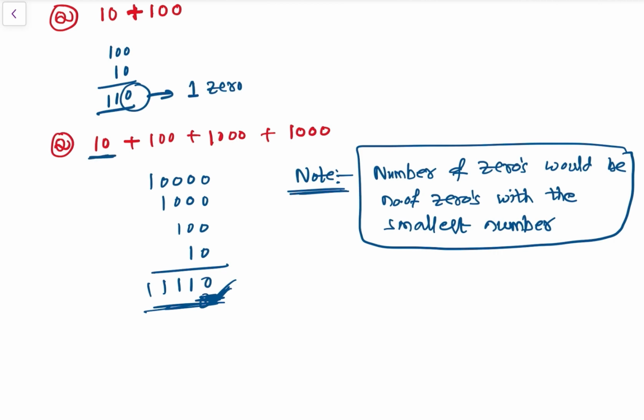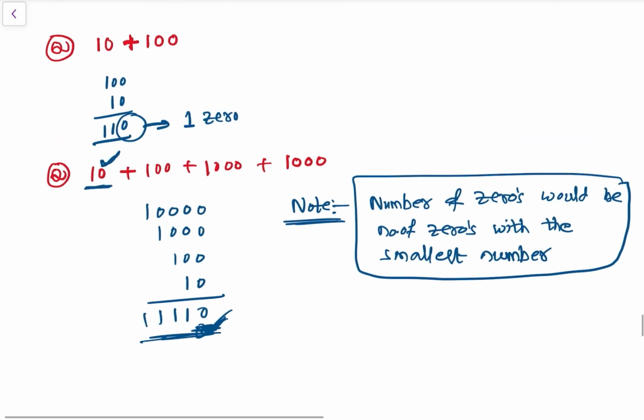Here the smallest number is 10, and the number of zeros with the smallest number is 1. So the number of zeros would be the number of zeros with the smallest number. When we are adding, as many zeros as come with the smallest number, that many zeros appear.